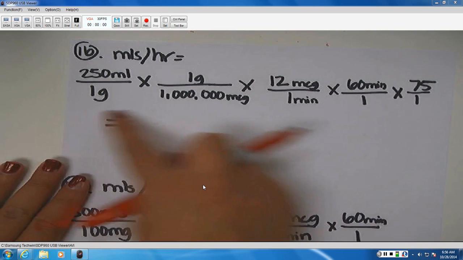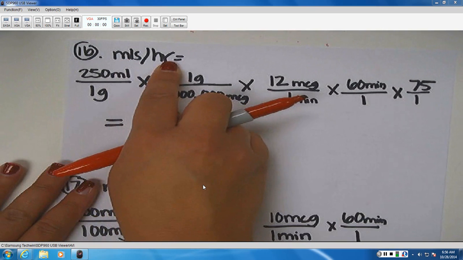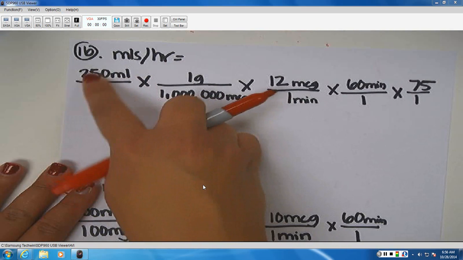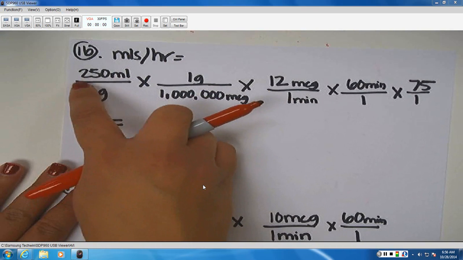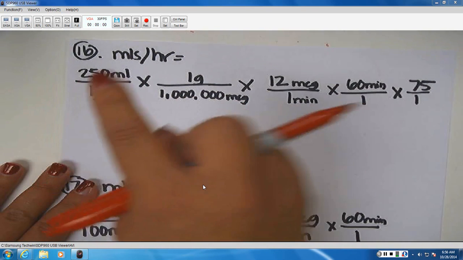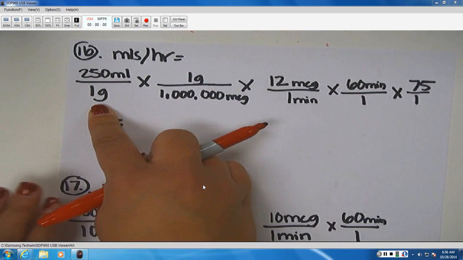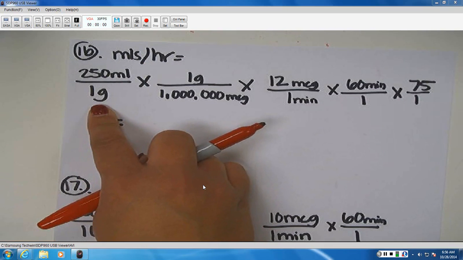So this is how we're going to set our equation up. Again, we're solving for mLs per hour. So the numerator of our first fraction has to be mLs, and that's the dose that we have on hand. We have a bag of 250 mLs of D5W, and within that is 1 gram of dobutamine. And again, my order is for micrograms.